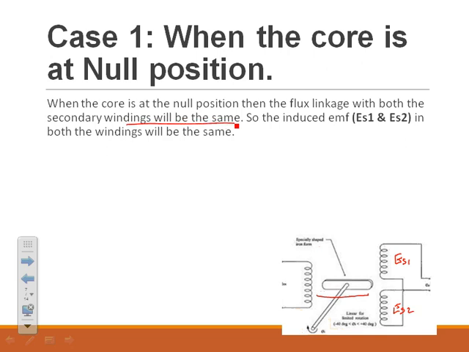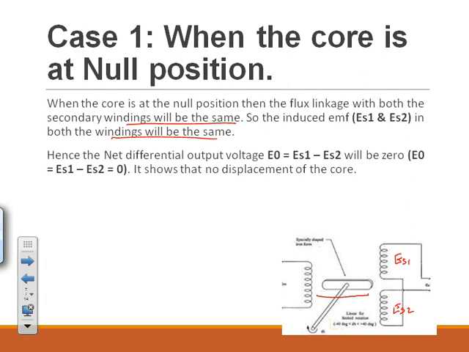So the induced EMF ES1 and ES2 in both windings will have the same value. Hence the net differential output voltage E0 equal to ES1 minus ES2 will be 0. It shows that there is no displacement of the core. The core will be in the initial position or null position, so the output voltage is equal to 0. That means there is no displacement of the core.